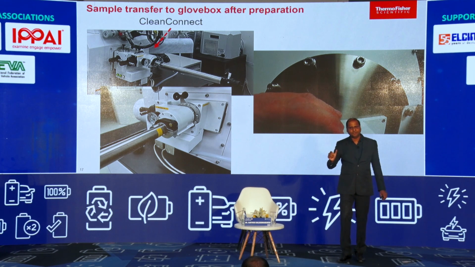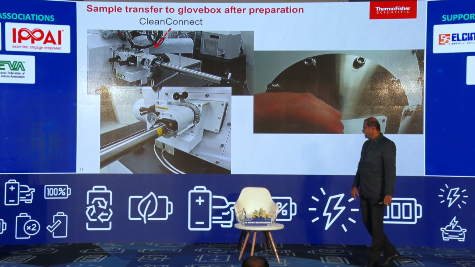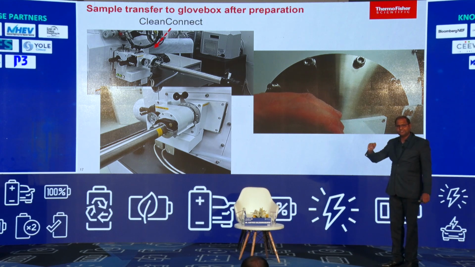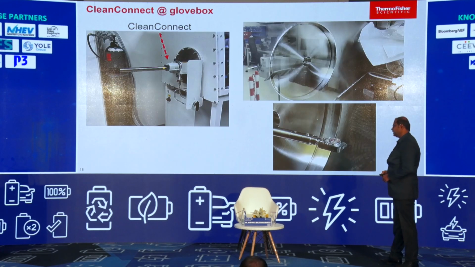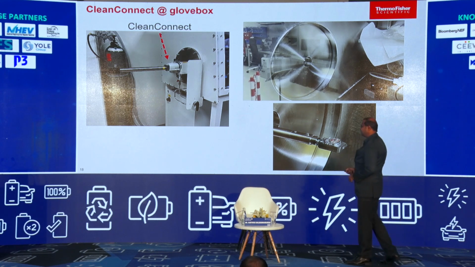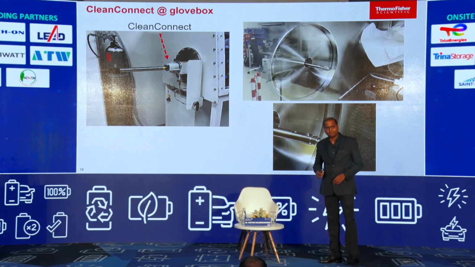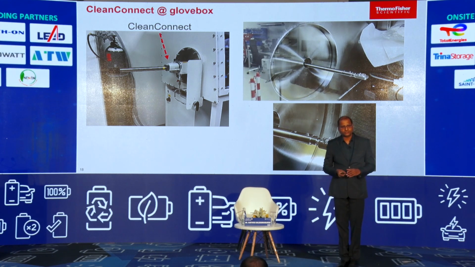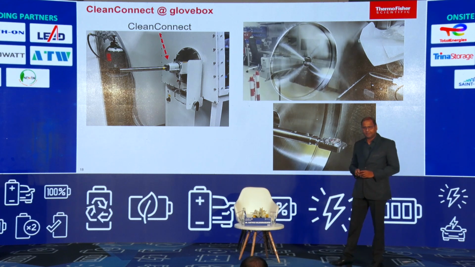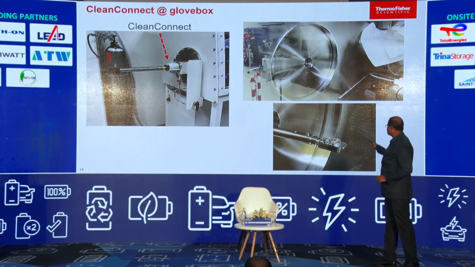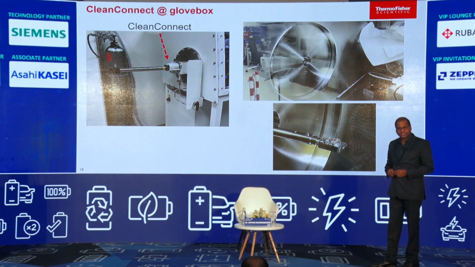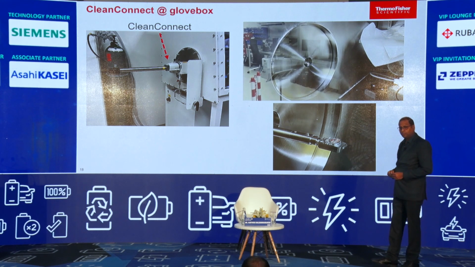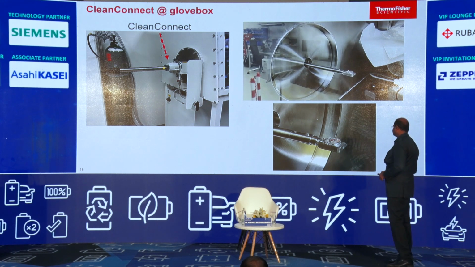We take the sample using our CleanConnect, and it shows there is absolutely no contamination that has taken place with our CleanConnect transfer. This CleanConnect is compatible with most of the glove boxes available in the market, and it can be used to transfer the samples via the entry lock provided on the glove box attachment.